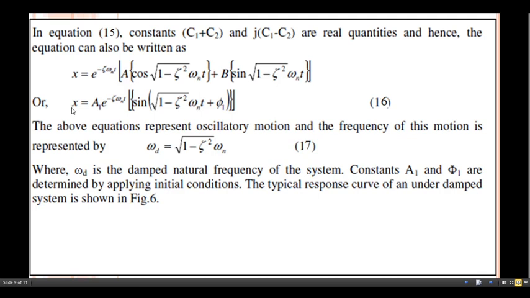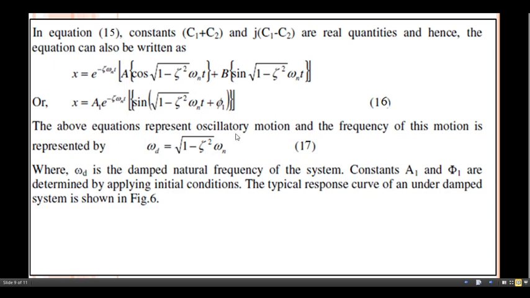Okay, bracket complete. Or x equals a1 into e raised to minus zeta omega nt into bracket sine of square root of 1 minus zeta square into omega nt plus phi 1. Either you can write x as this value or this one. Both are correct.